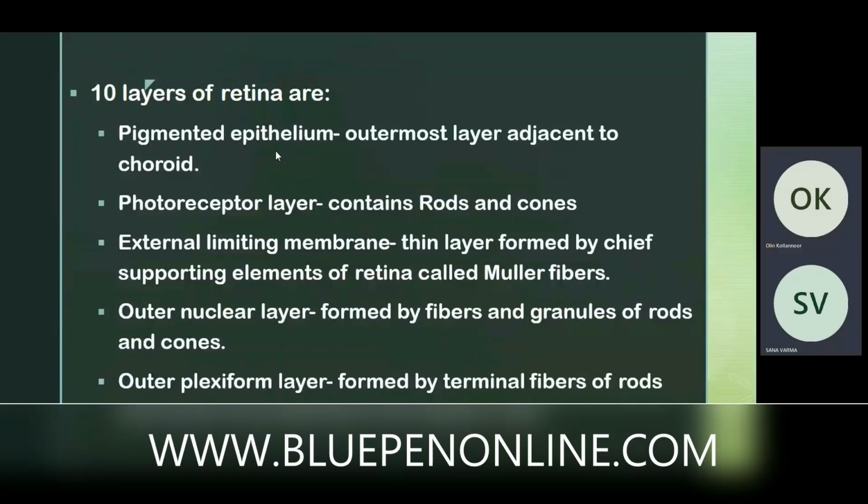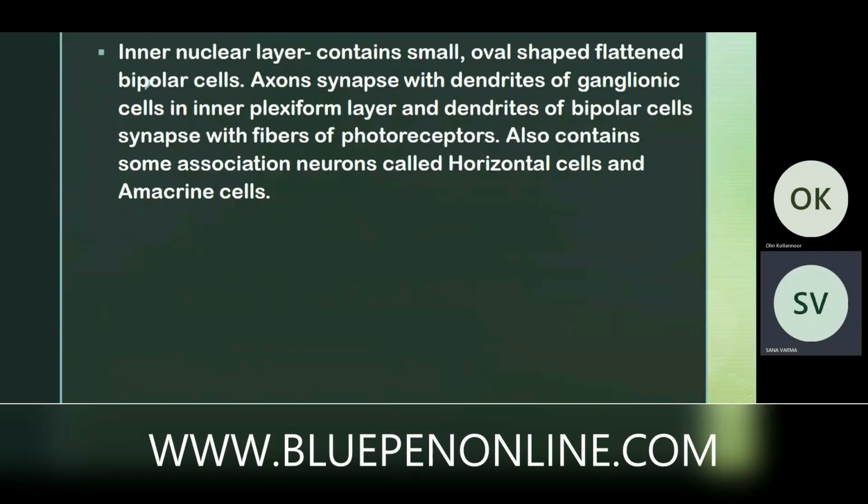Then after the outer plexiform layer, we can see the inner nuclear layer where the bipolar neurons are seen, and these bipolar neurons along with horizontal cells and amacrine cells form the inner nuclear layer.